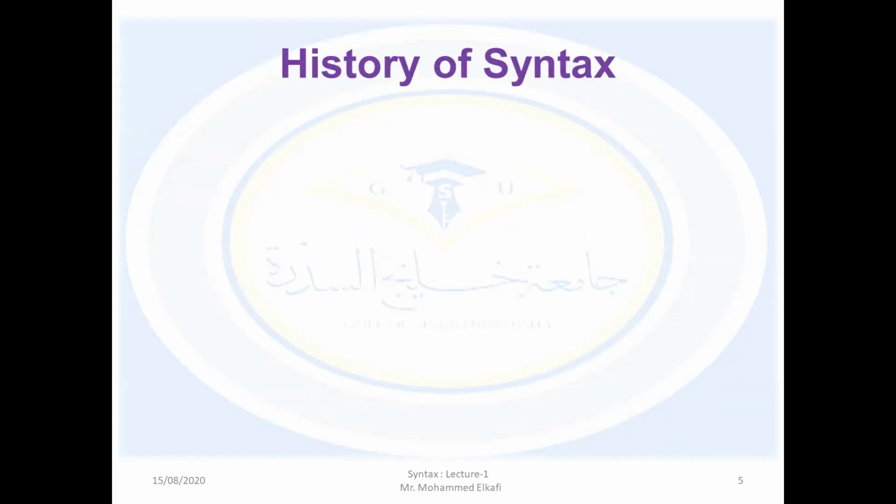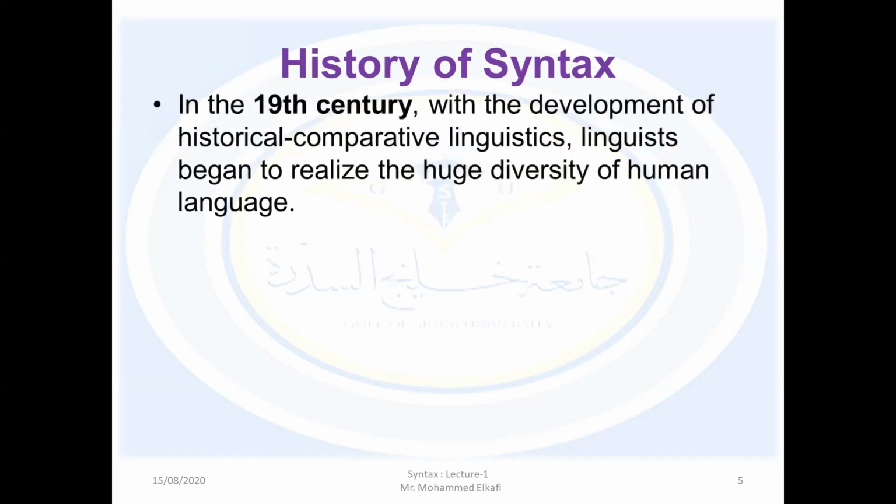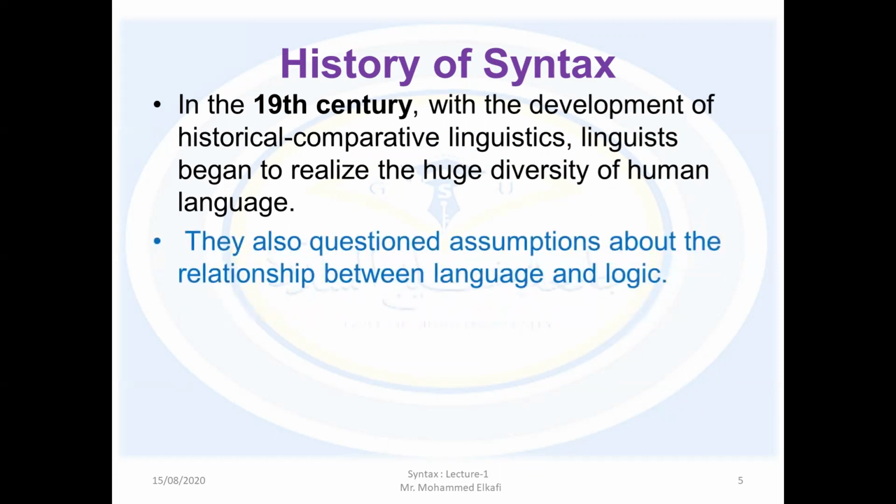So what about the history of syntax? In the 19th century, with the development of historical comparative linguistics, linguists began to realize the huge diversity of human language. They also questioned assumptions about the relationship between language and logic.